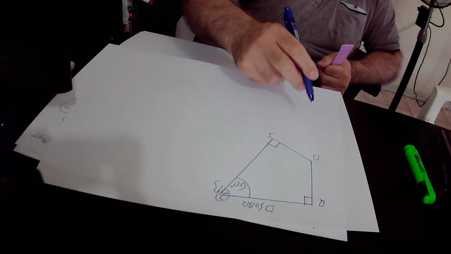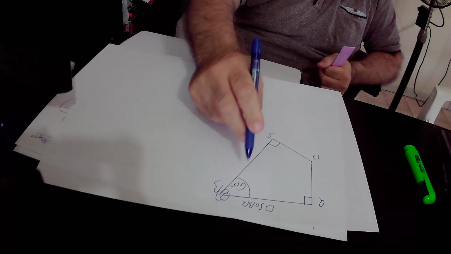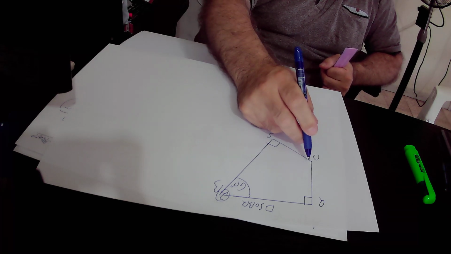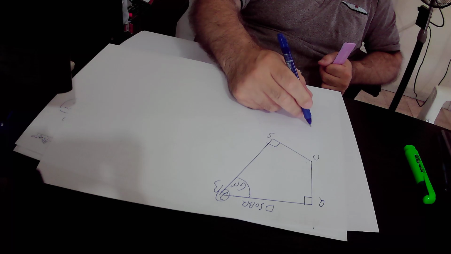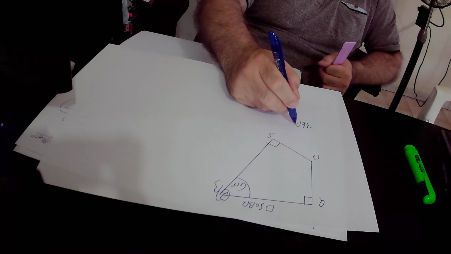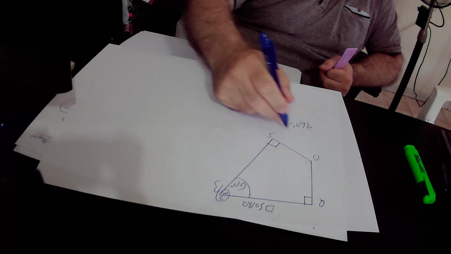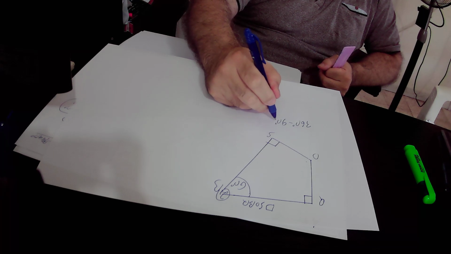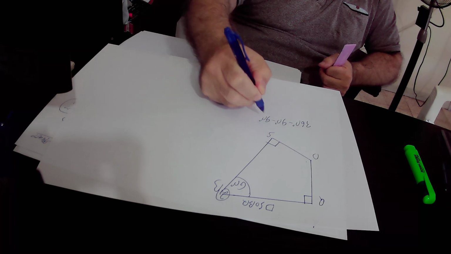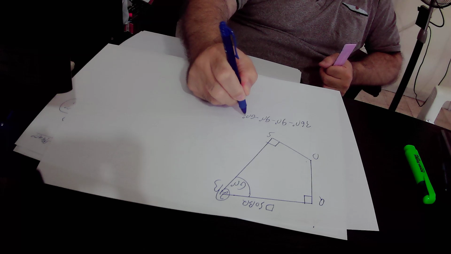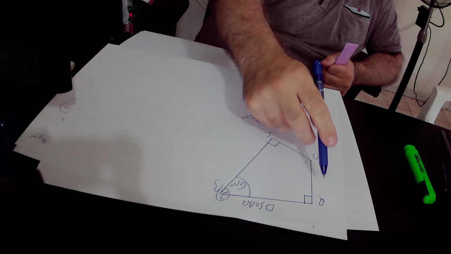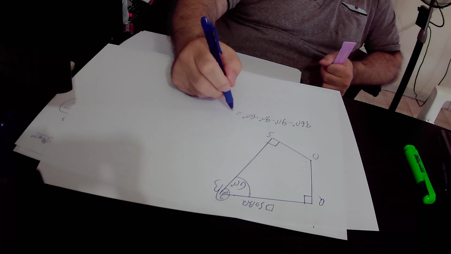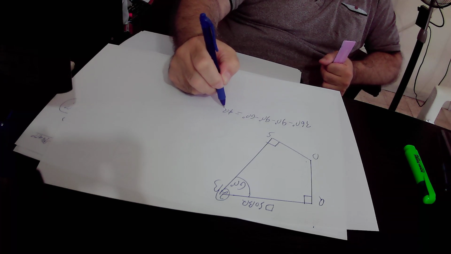Therefore, 360 degrees minus the sum of the three angles must be equal to the size of the missing angle. So 360 degrees minus 90 degrees minus 90 degrees minus 60 degrees is equal to the missing angle, that is actually angle QOS.